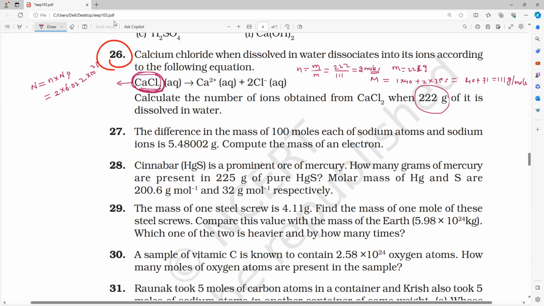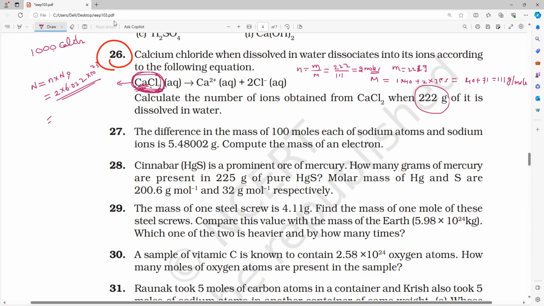In that, each particle has 1 calcium and 2 chlorines. So for chlorine separately and calcium separately we have to do it. For example, if I have 1000 CaCl2 particles, what do I have? Calcium I have.